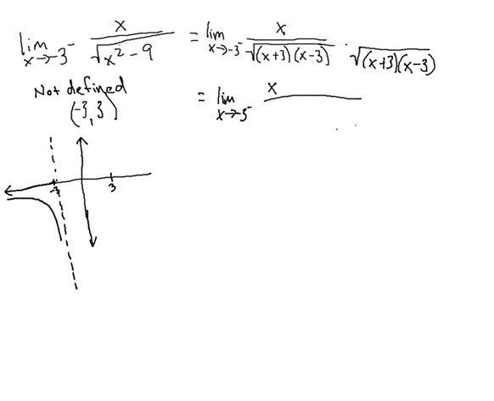And this gives us x times square root of x plus 3, x minus 3, and on the bottom we have x plus 3 times x minus 3. We're assuming that we're taking all positive square roots and not negative square roots.